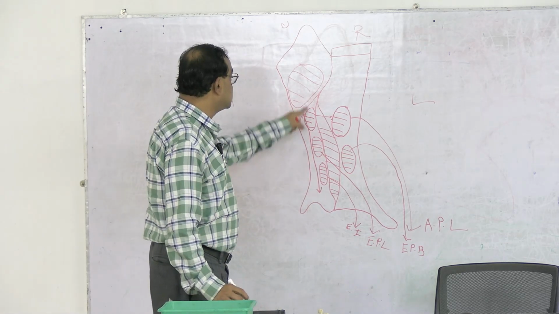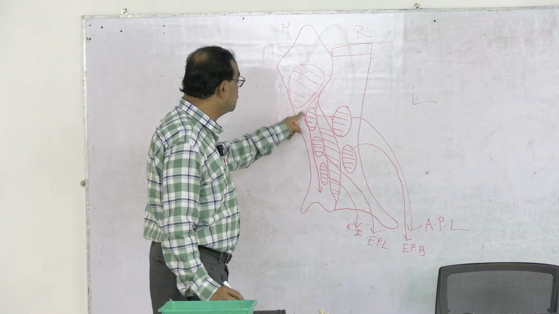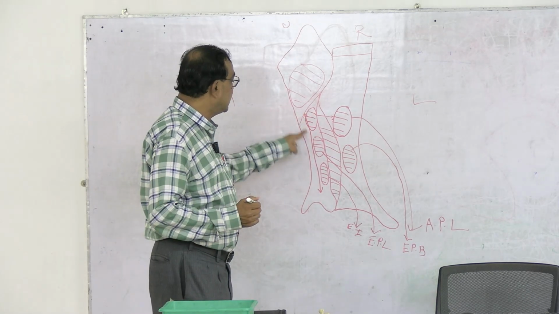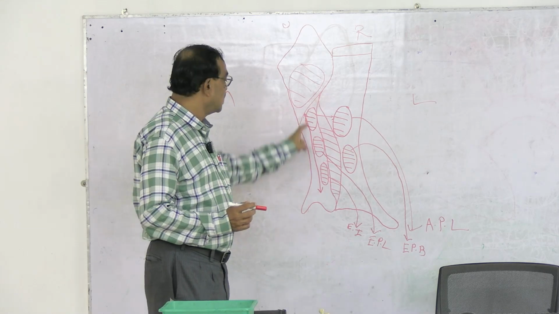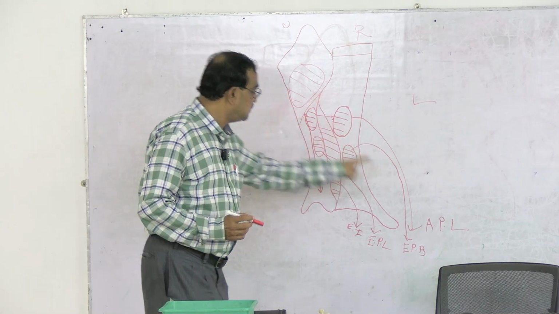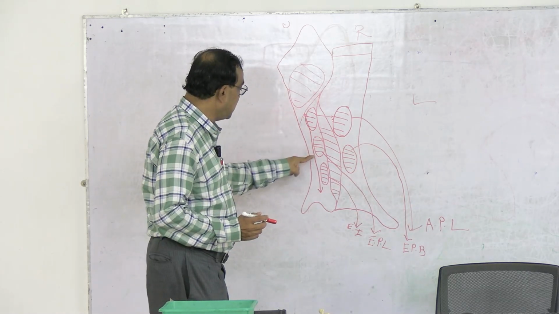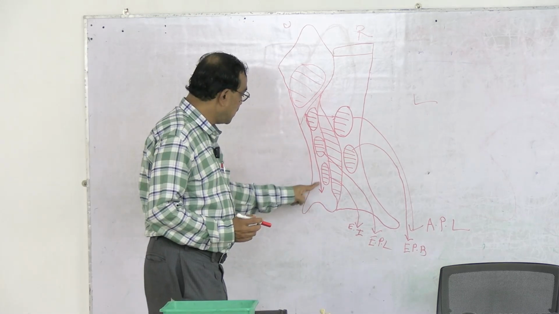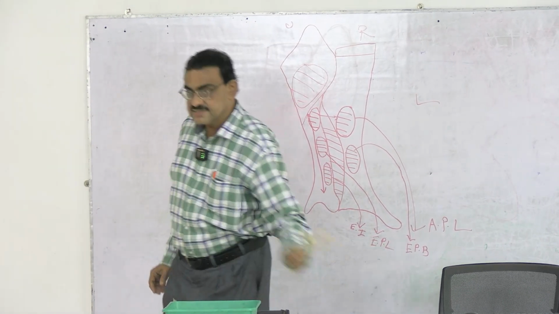So on this lateral surface, or lateral to this bony ridge, we are getting attachment of three muscles. Above, abductor pollicis longus. In the middle, extensor pollicis longus, and from the lower part, extensor indicis.